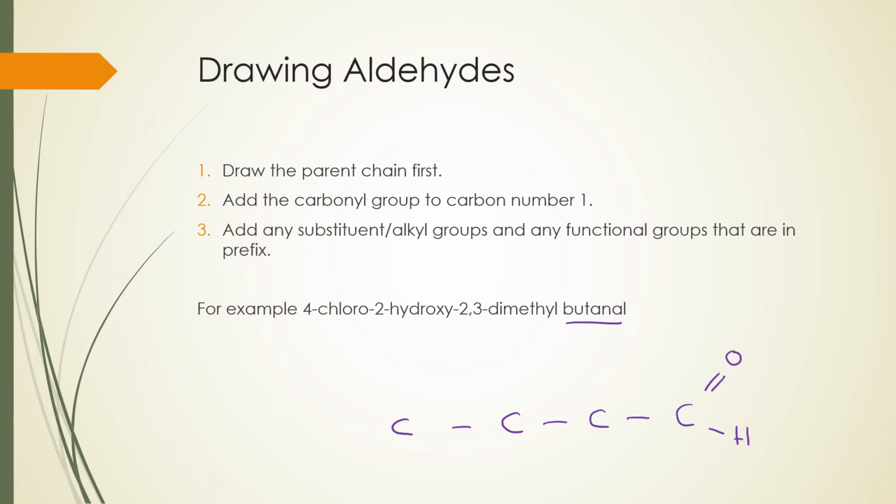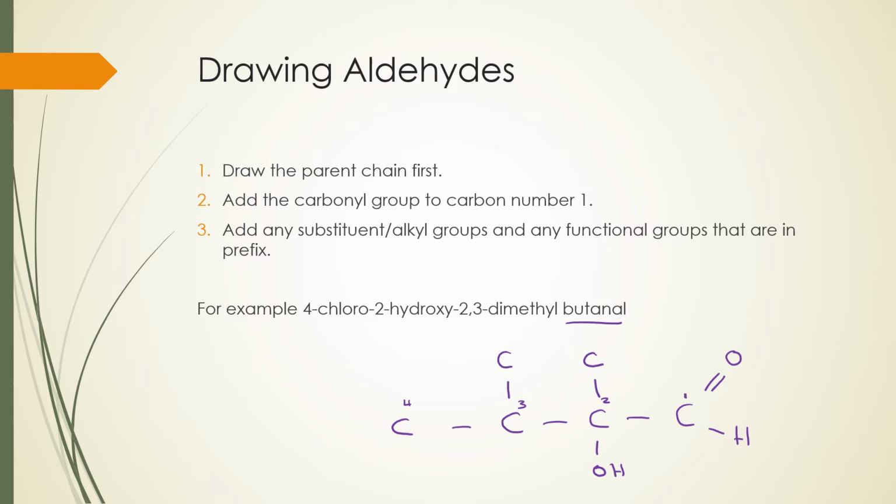So this makes it carbon number 1, carbon number 2, 3, and 4. So on carbon 2 and 3 we have a dimethyl, so we have a methyl group and a methyl group. And on carbon number 2 we have a hydroxy group, which is an alcohol group.